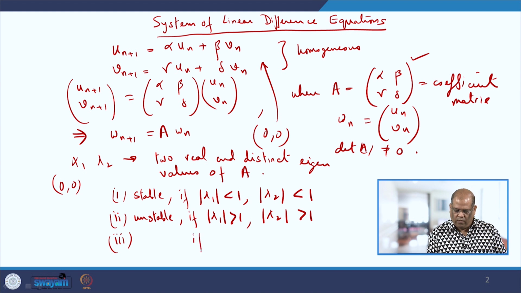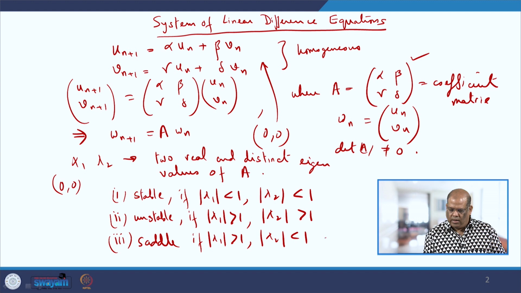However, if the modulus of one of them is greater than 1 and the other is less than 1, we get what is called a saddle. It can be either way: mod lambda 1 is less than 1 and mod lambda 2 is greater than 1, or the reverse.